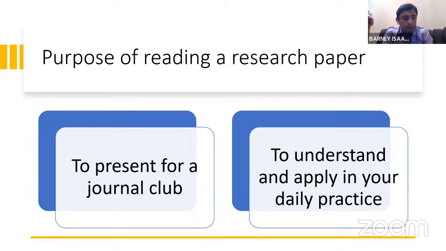The second is where we want to understand an article because we need to apply what is there in that article in our daily practice. It is going to change our practice. For example, when COVID vaccines came into the market, a lot of trials were done very quickly because of the shortage of time, and it is important to understand these research papers to know whether what we are administering to our patients is appropriate.